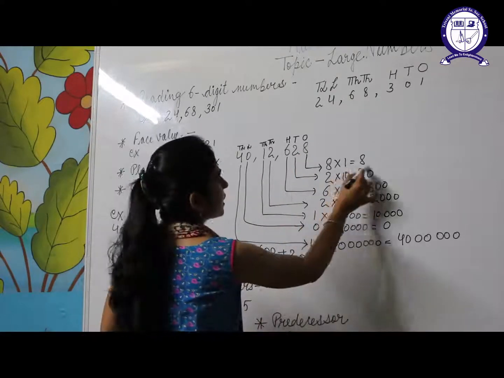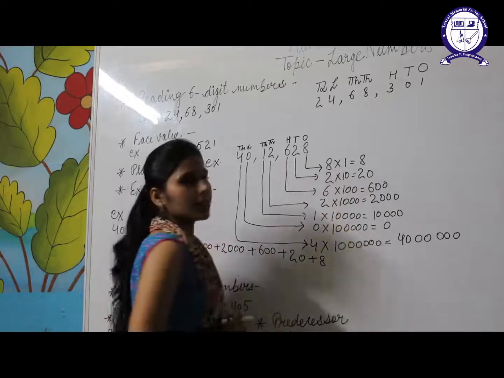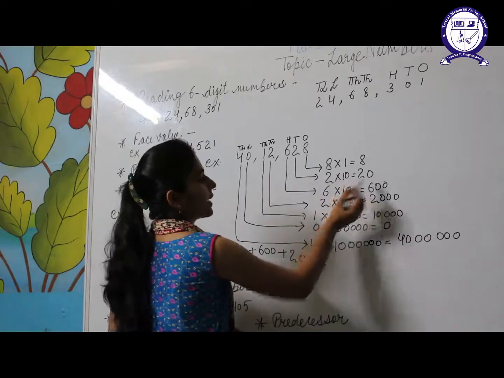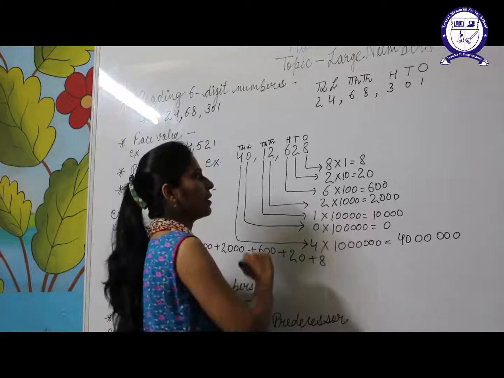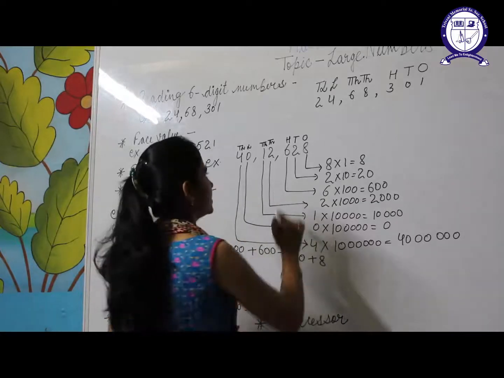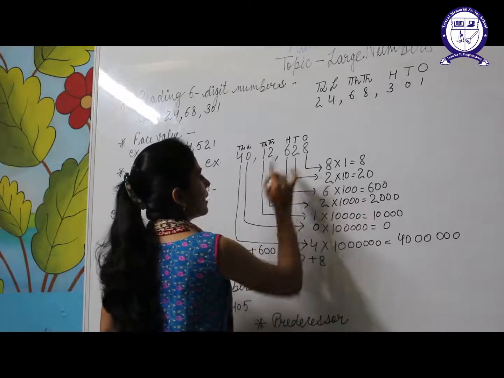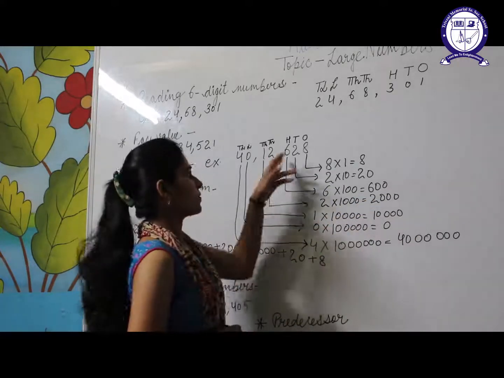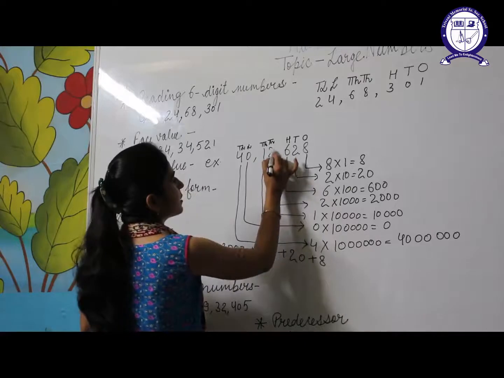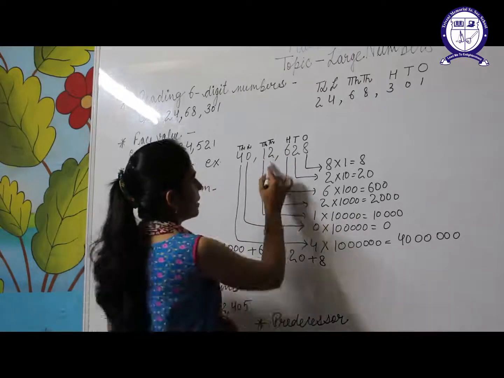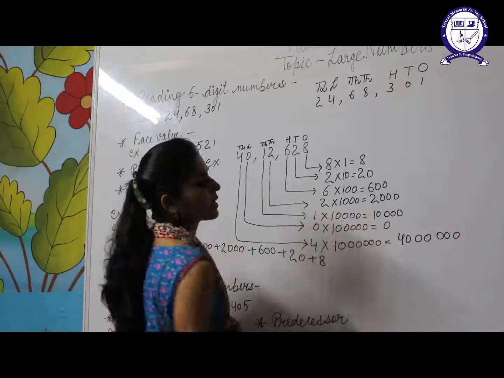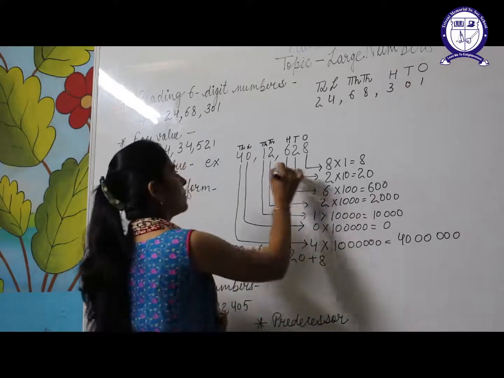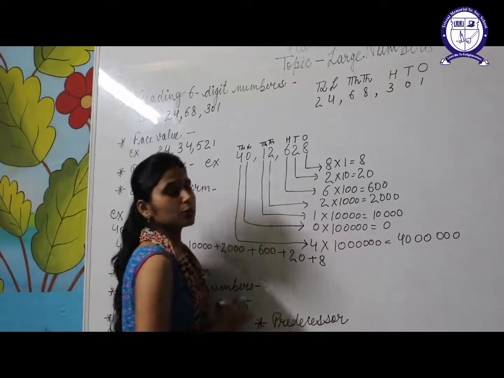So 8 ones are 8. 2 is under tens, so we will multiply 2 by 10, it will give us 20. So the place value of 2 will be 20, student. Now we will multiply 6 by 100 and it gives us 600. So this 600 is the place value of 6. 2 is under the 1000 place, so we will multiply 2 by 1000 and it will give us 2000, student. So the place value of this 2 will be 2000.